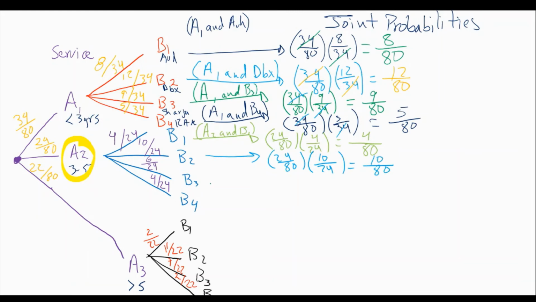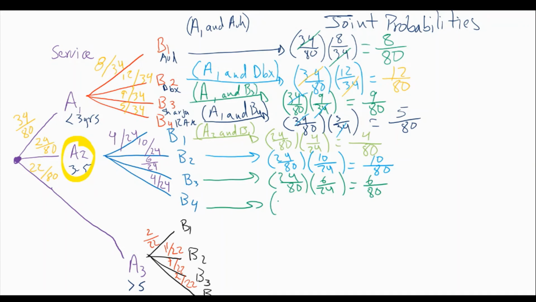All right. Don't worry. You'll get quicker the more practice you have. The next one is 24 divided by 80 times 6 divided by 24. 24s cancel each other out, and that is 6 divided by 80.